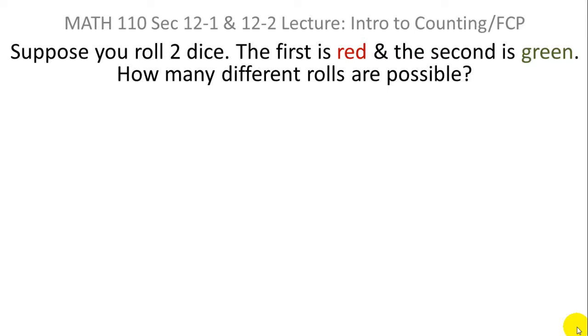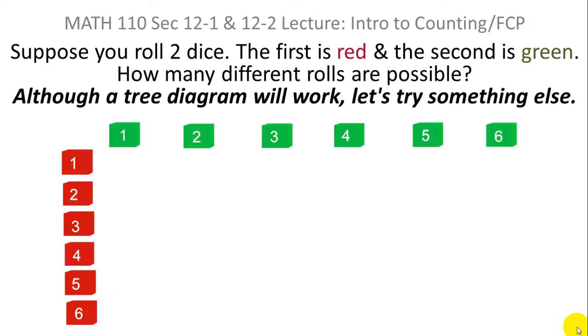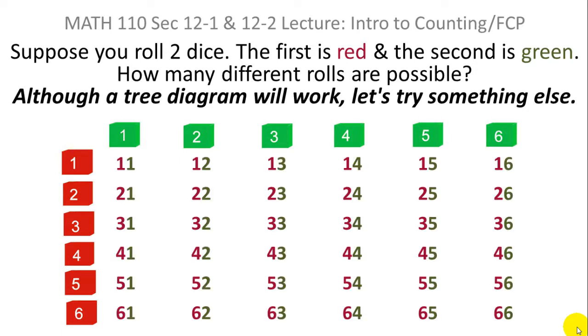My suggestion when you're working with rolling 2 dice, I would suggest doing it as a rectangle. Actually, in this case, it's a square. If you put the red rolls as row headings and the green die possibilities as column headings, you can generate every possibility by simply putting the red number first and the green number second.